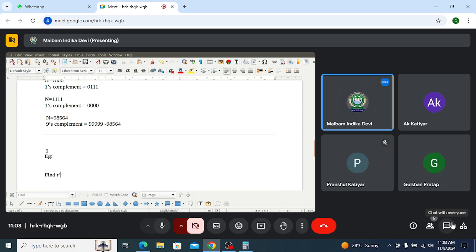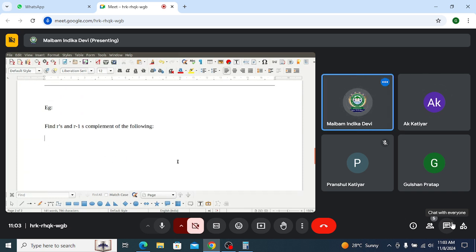Find r's and r minus 1's complement of the following. The numbers will be 2345, 2709.45, 0.567. Okay, this is for decimal numbers.